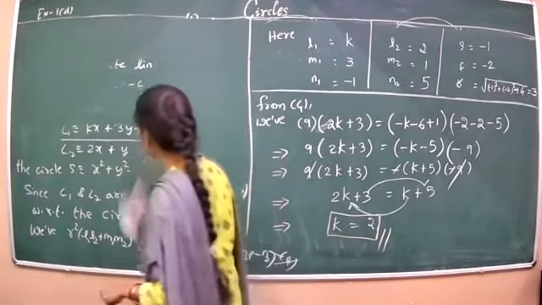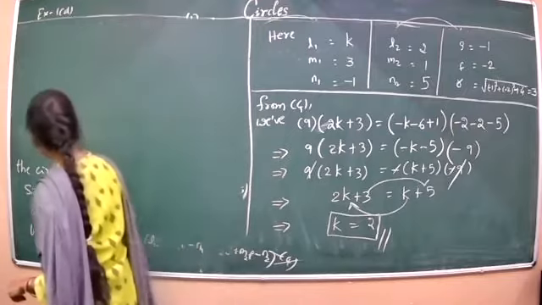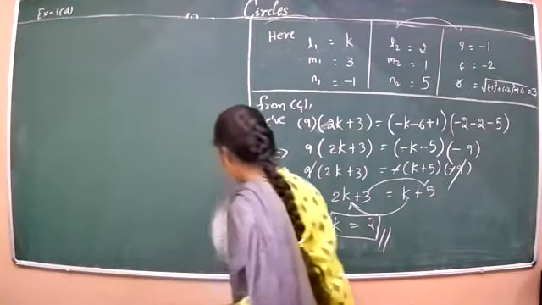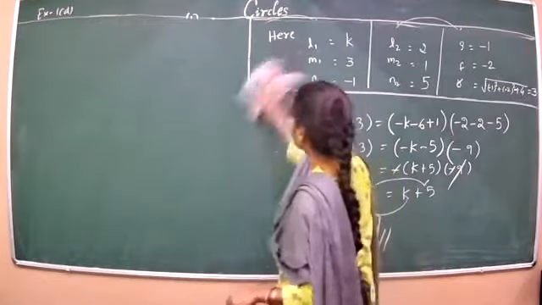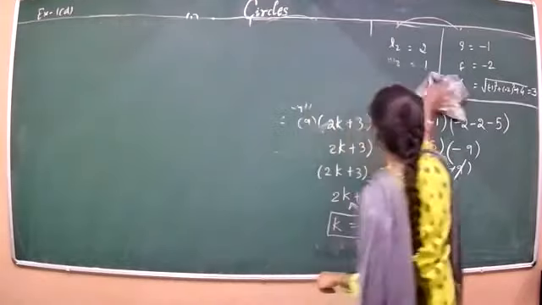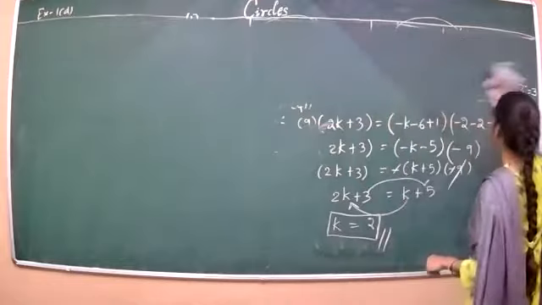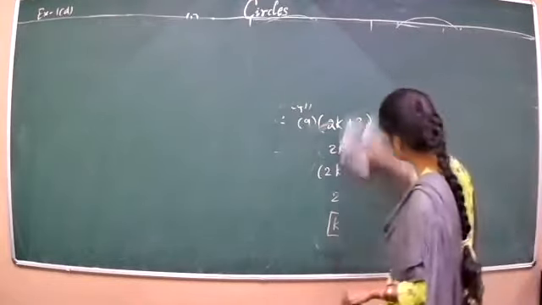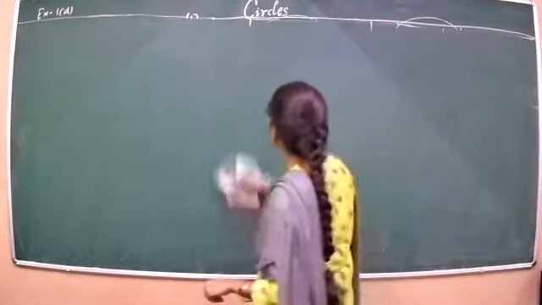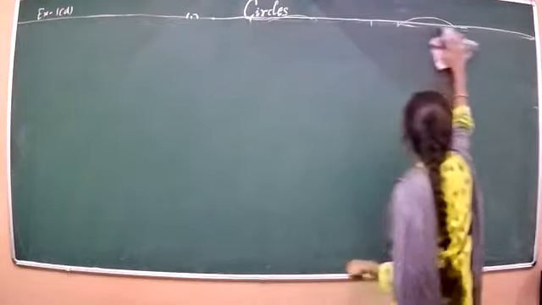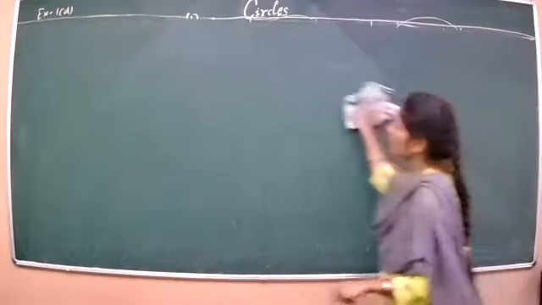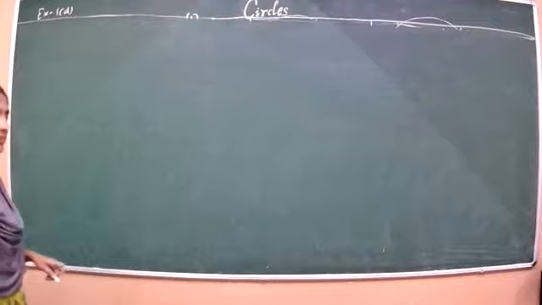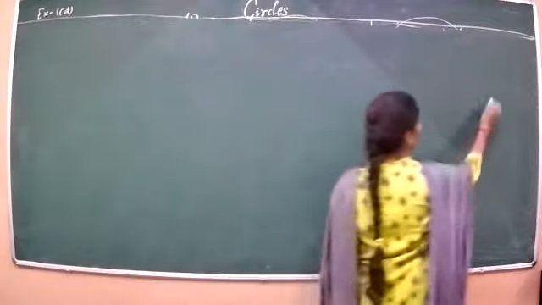Children, you might remember the theorem we discussed: if P is an exterior point of the circle S = 0, then two tangents can be drawn from P to the circle. If theta is the included angle between those two tangents, then tan theta by 2 is equal to r by root S11. Hope you all remember this.